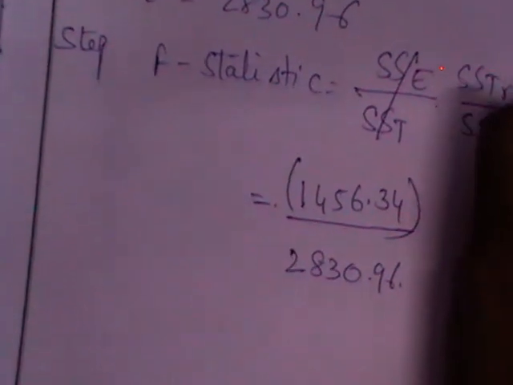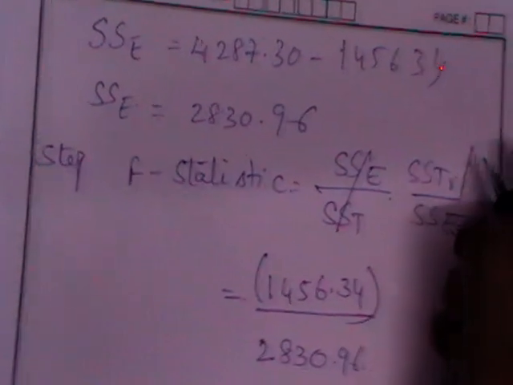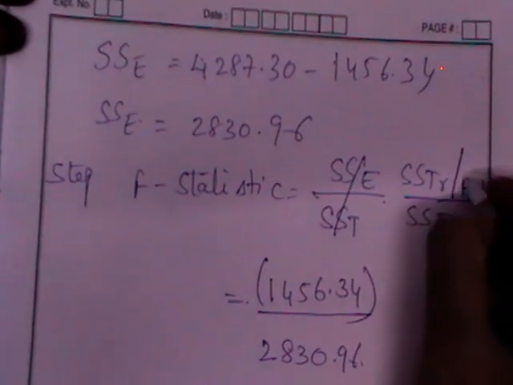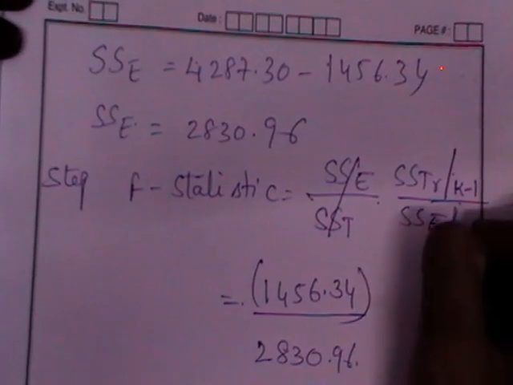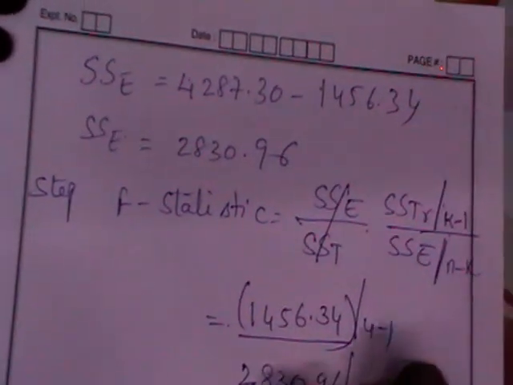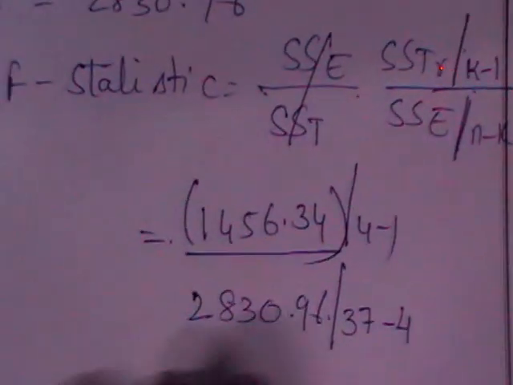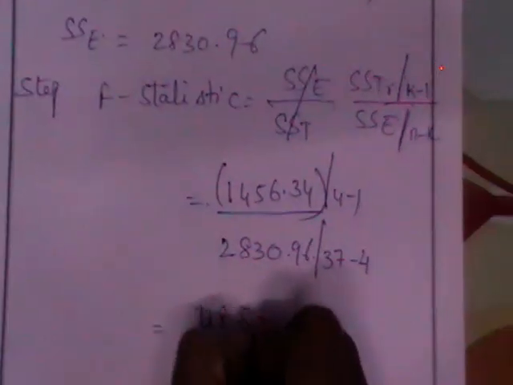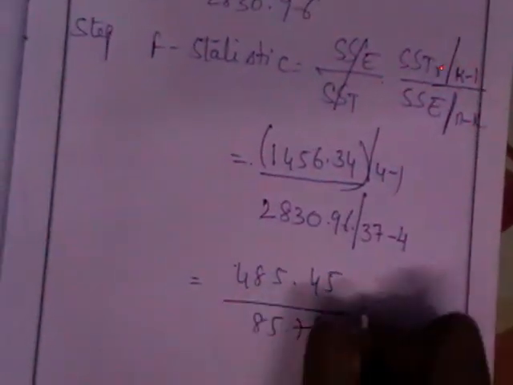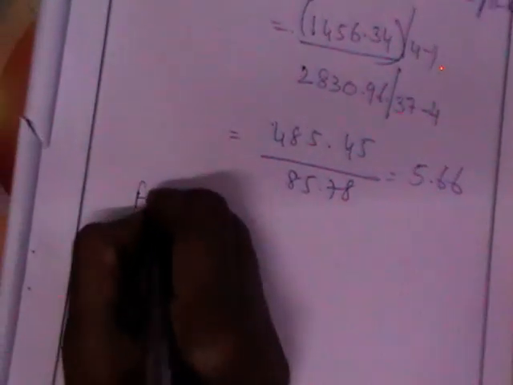Here you should divide with the degrees of freedom. We indicate treatments with K, so divide with K minus 1, and error with N minus K. K is 4, so 4 minus 1, and 37 minus 4. So we will get 485.45 by 85.78, which is 5.66. We have calculated the F statistic.